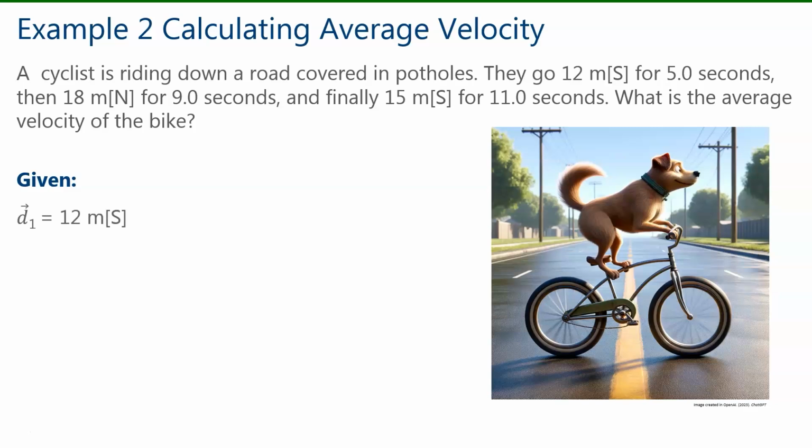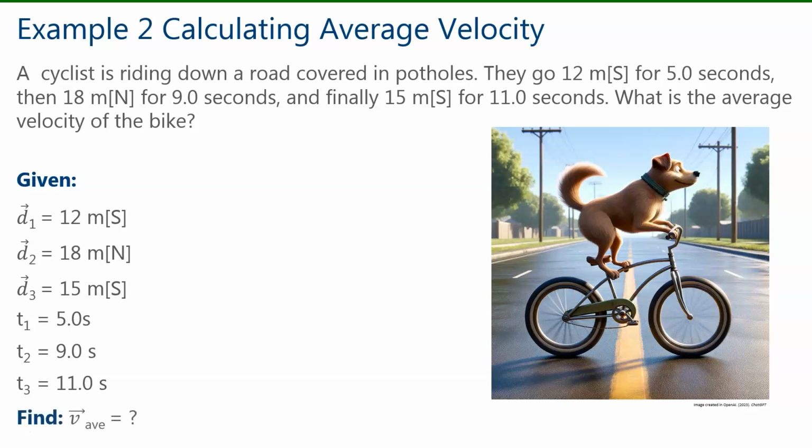We're given a displacement of 12 meters south, a displacement of 18 meters north, a displacement of 15 meters south, time 1 of 5.0 seconds, time 2 of 9.0 seconds, and time 3 of 11.0 seconds. We're asked to find the average velocity of the bike.